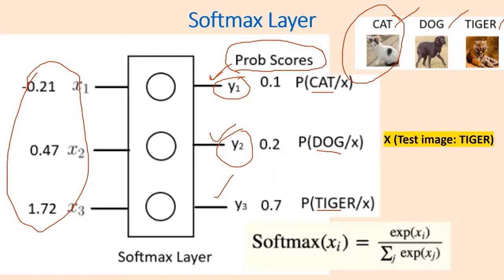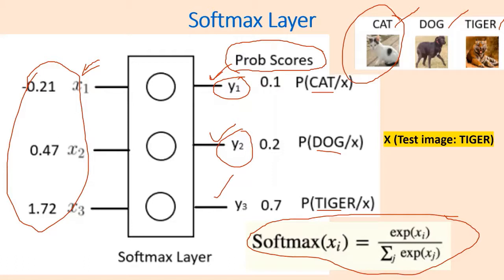As I mentioned, a CNN may have more than one fully connected layer. And this is the mathematical formula that you can use to compute the probability scores.